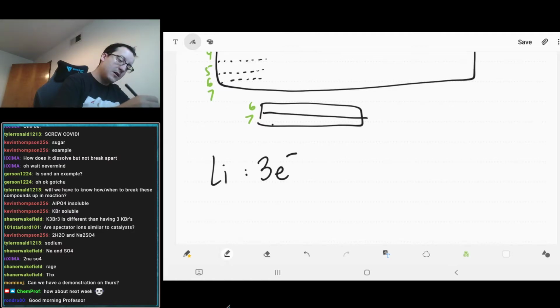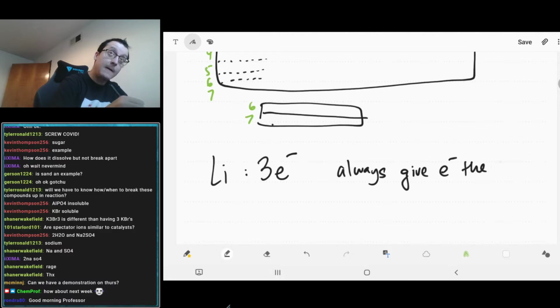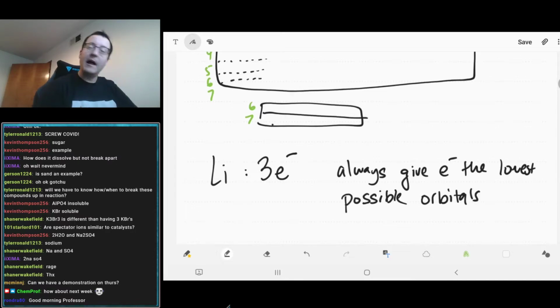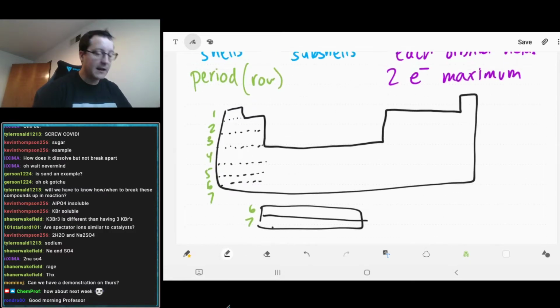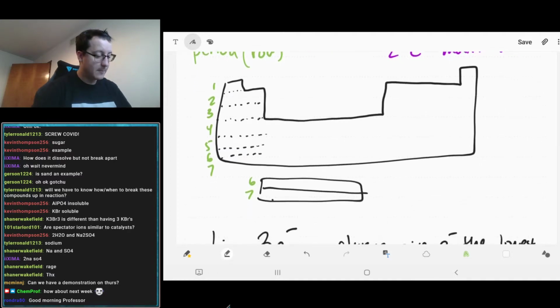We always want to give the electrons the lowest possible orbitals. And if we see where lithium is on the periodic table, it is in row 2.